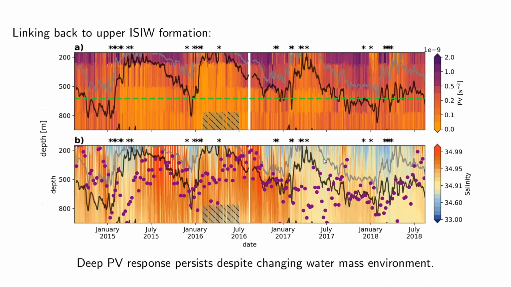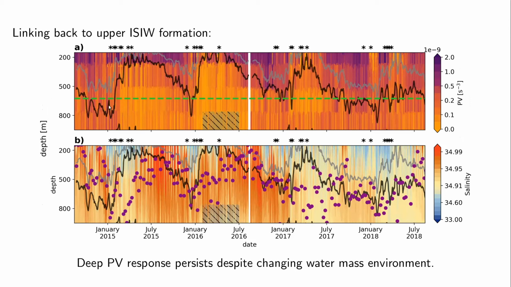Okay, and I motivated looking into this in the first place through this formation of upper Izzy water, which is this water mass that's in the lower limb of the overturning circulation, but it's not the same as the Labrador Seawater-like water mass that's formed in the interior. And I wanted to understand how it was formed.